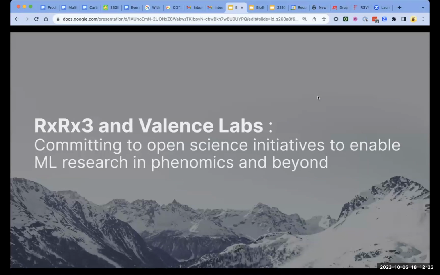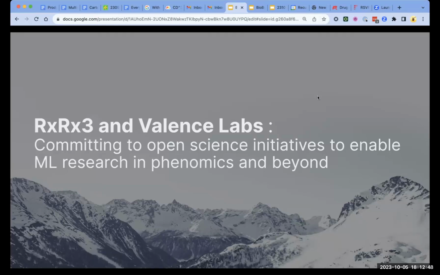The other thing that we're bringing to bio from tech is this commitment to open science initiatives. We've seen across a lot of AI fields that the way that a field moves forward is through good benchmarks, open data sets, and strong communities in academia and in industry. And Jonathan did a great job talking about Valence Labs and some of their commitments.